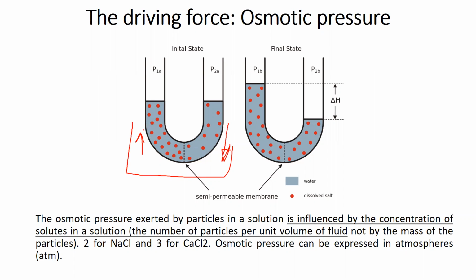This means that this area where there is high solute concentration has a high osmotic pressure, okay? And this area where there is less solute concentration has low osmotic pressure, okay? And so water will move from the area where there is low osmotic pressure to an area where there is high osmotic pressure, okay?